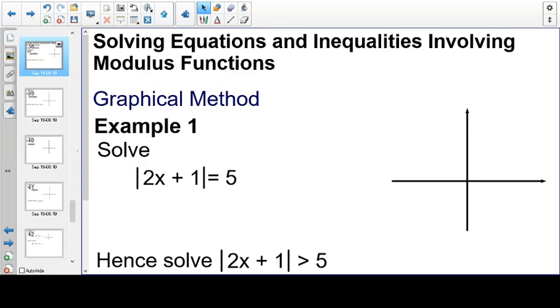In this next video, we are going to look at how to solve equations and inequalities that involve modulus functions.